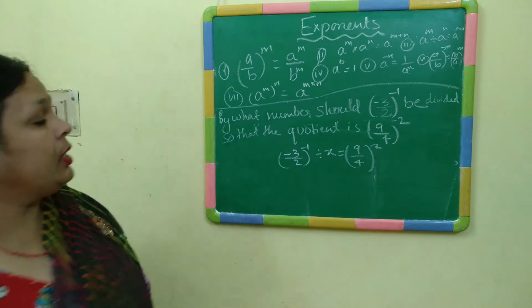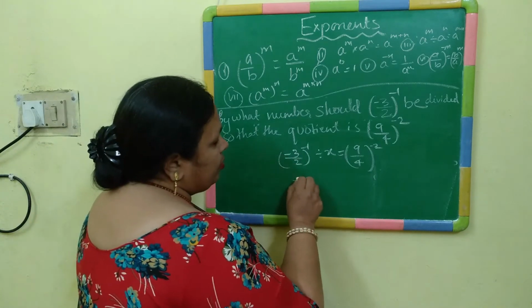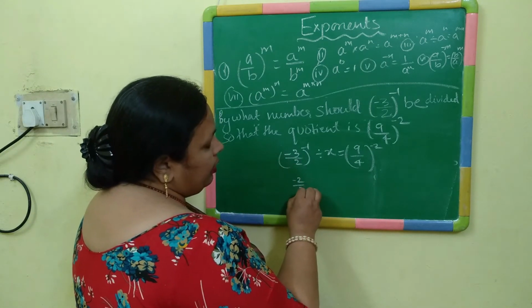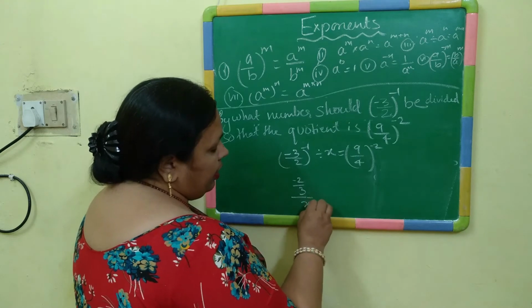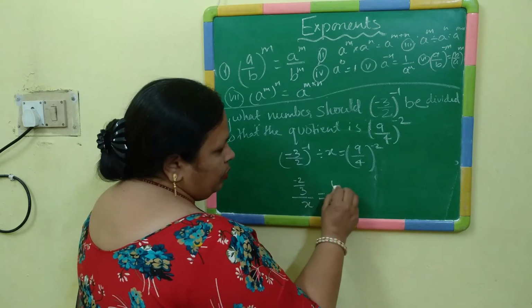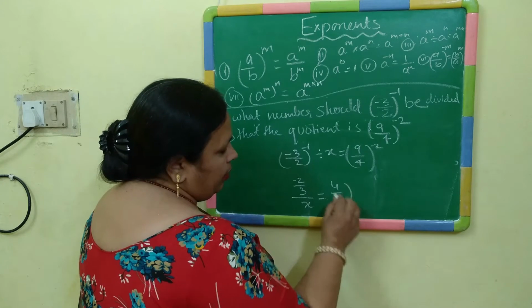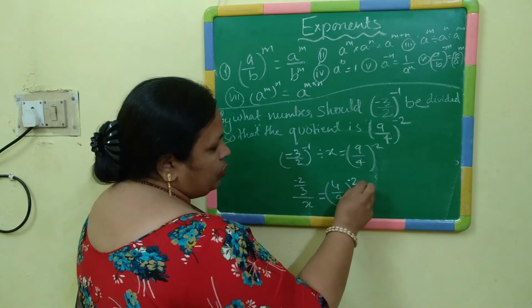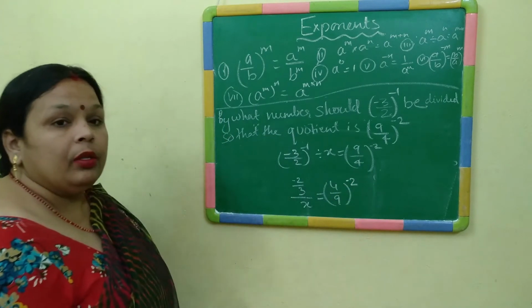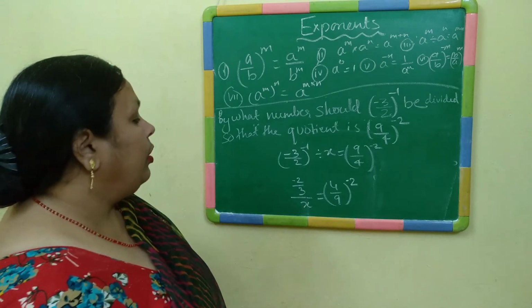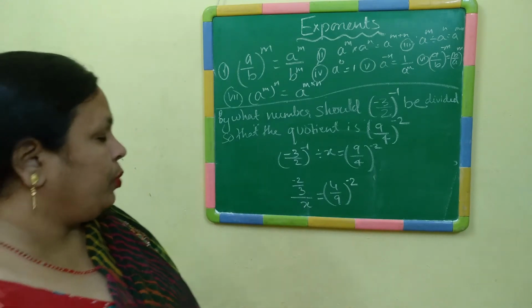Now removing the minus sign, this becomes (-2 by 3) divided by x is equal to (4 by 9) power minus 2. Clear? (4 by 9) power minus 2.